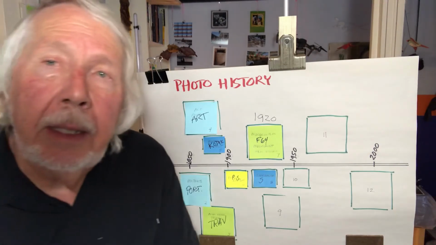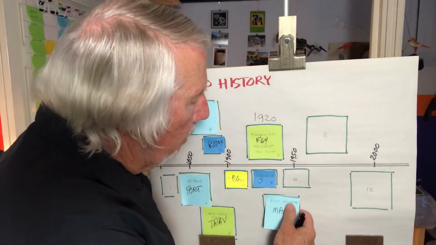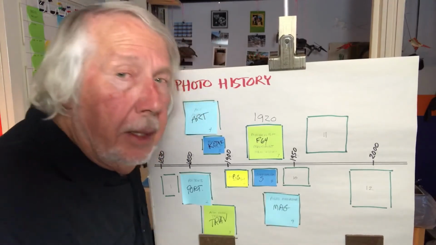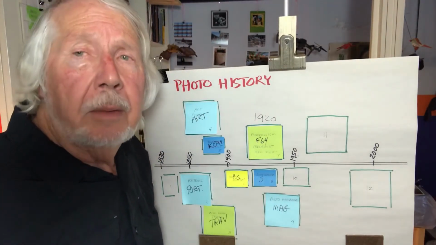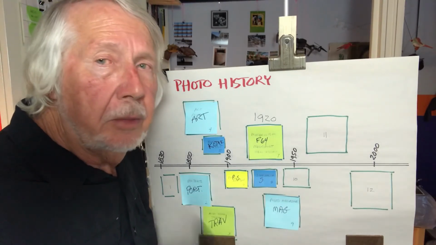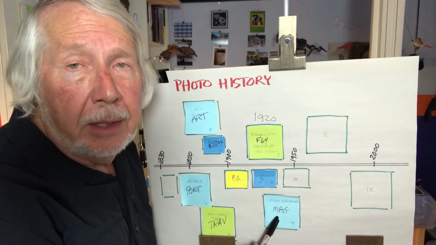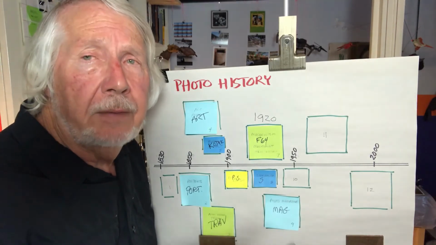Number 9 is the age of the photo magazine. And this you cannot underplay. No TV yet. People were not watching TV, but they were running home once a week to the mailbox to see who could get Life magazine out of the mailbox first. It was filled with pictures of the news.